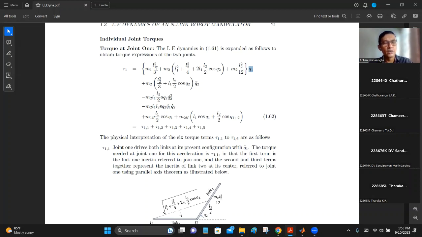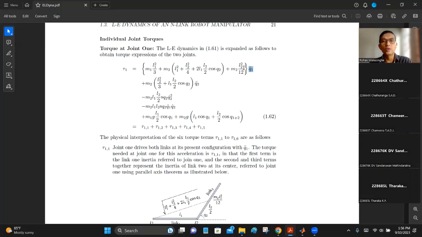The first link's inertia is connected to the joint itself. The second link is not connected to that joint. Therefore, we have to get the inertia at the center of gravity and then transfer it using the parallel axis theorem. So we get these two terms. So tau 11 is completely understood. We have no doubt whatsoever about what this lengthy term is, and there's no point in remembering it if you do not understand what it is.